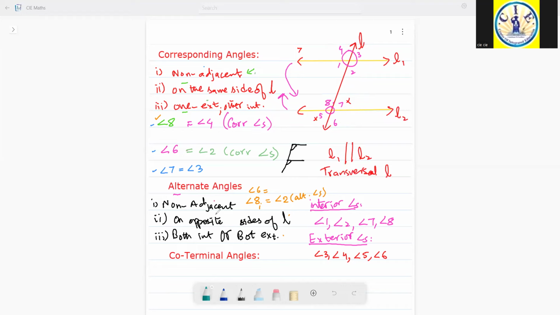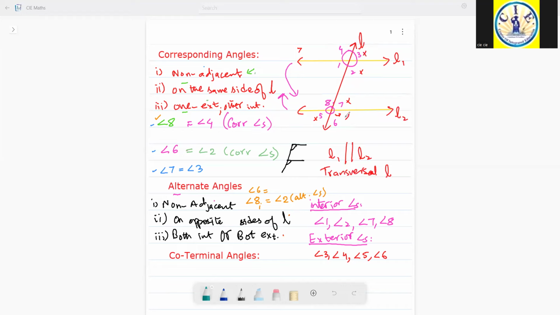Then on the opposite side of the transversal L. Since angle 6 is lying on the right side of the transversal, angle 2 and angle 3 are ruled out as well. Okay, then both interior or both exterior.